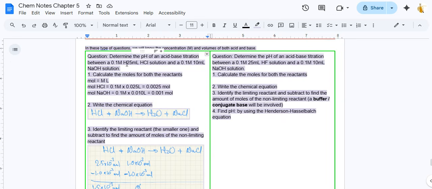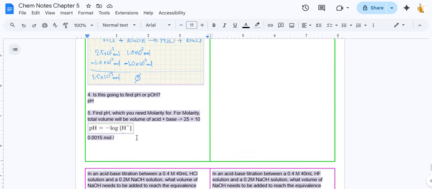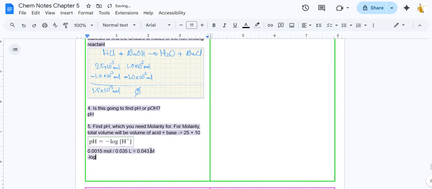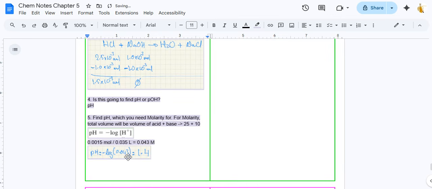So we use 25 plus 10 ml, which is 35 milliliters, which is that many liters, and it is equal to M, and you take the negative log of that, which will be like that.